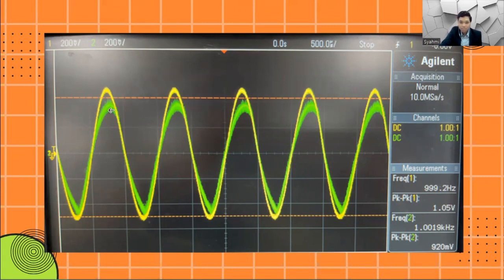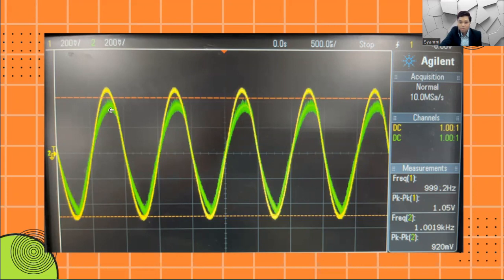It is supposed to be that both signals have similar amplitude, phase and frequency.